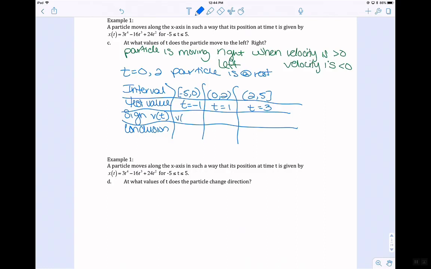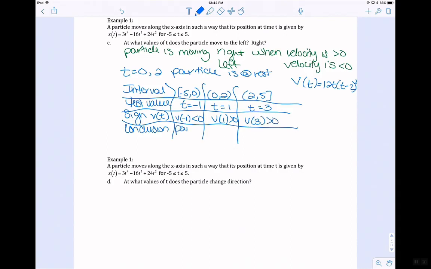So the sign of v of t, so v of -1, will be using my velocity equation, which is my factored form, 12t and t minus 2, the quantity squared. So v of -1 is less than 0, v of 1 is bigger than 0, and v of 3 is bigger than 0.